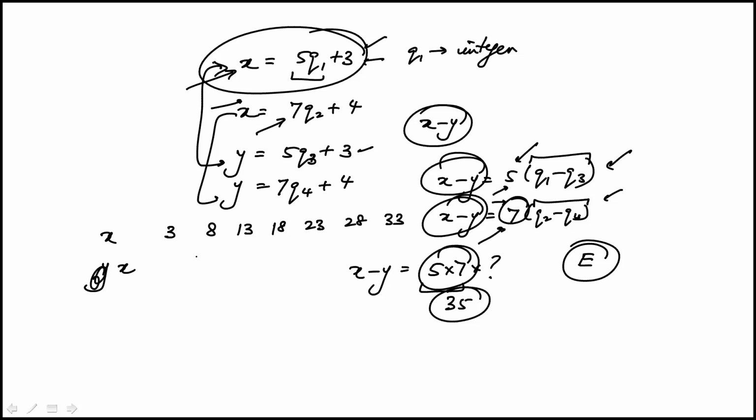And then the second condition tells you it's 11, and then you add 7 to it, 18, 25, 32, 39, 46, 53, so on and so forth.